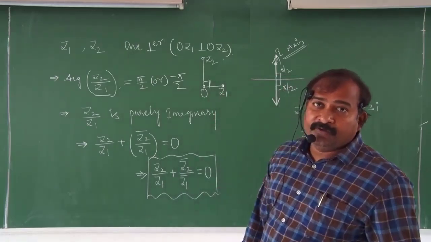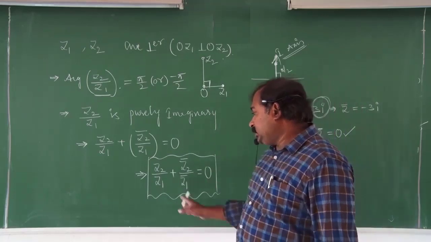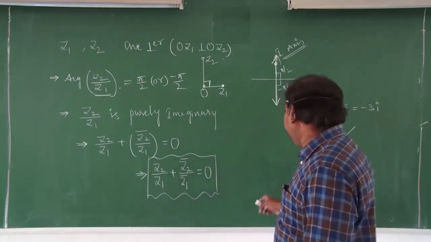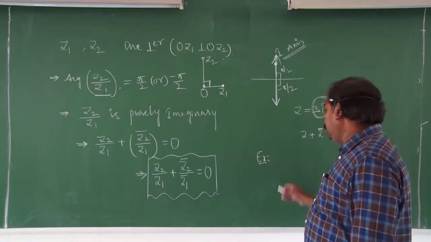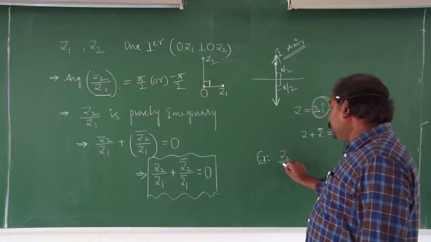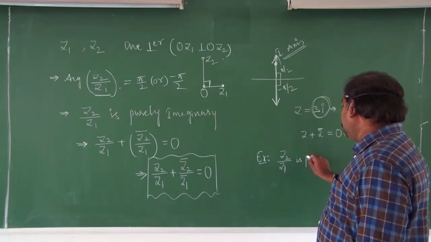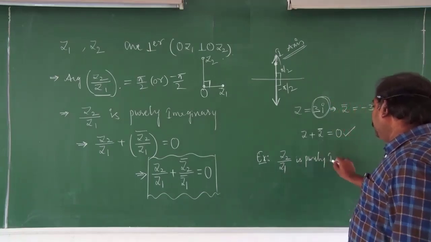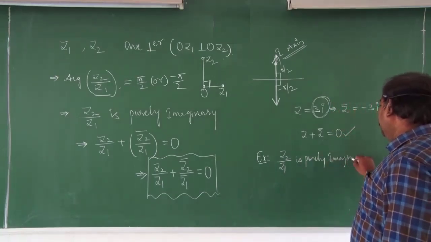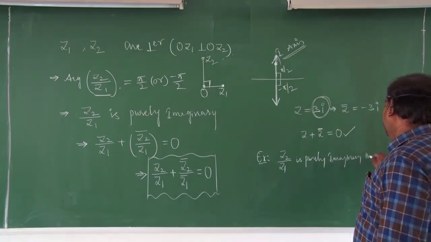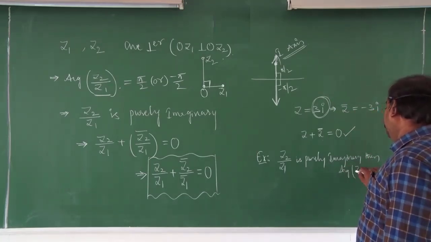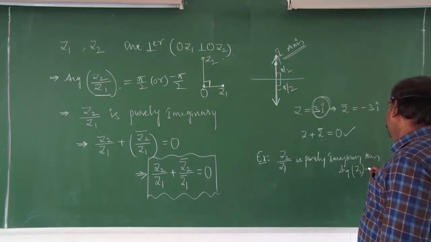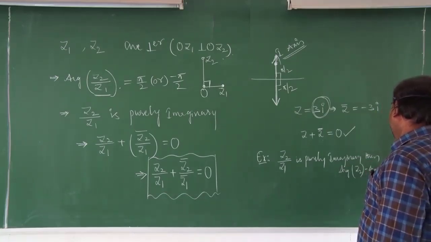From a competitive point of view, how they will frame the bit, basing on this only they will give it. If the example is like this: if Z2 by Z1 is purely imaginary, then argument of Z2 minus argument of Z1 equals dash.